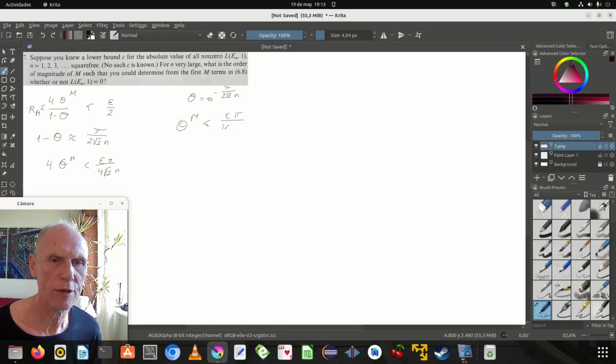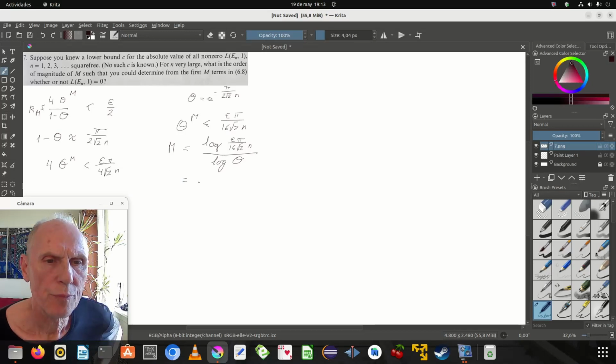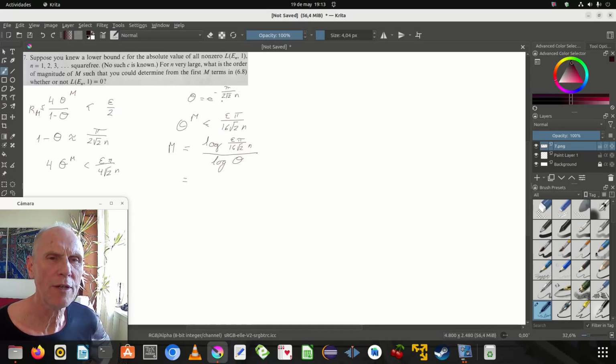That gives something like 16. And then we take the logarithm. And then we need the logarithm of theta being close to unity.